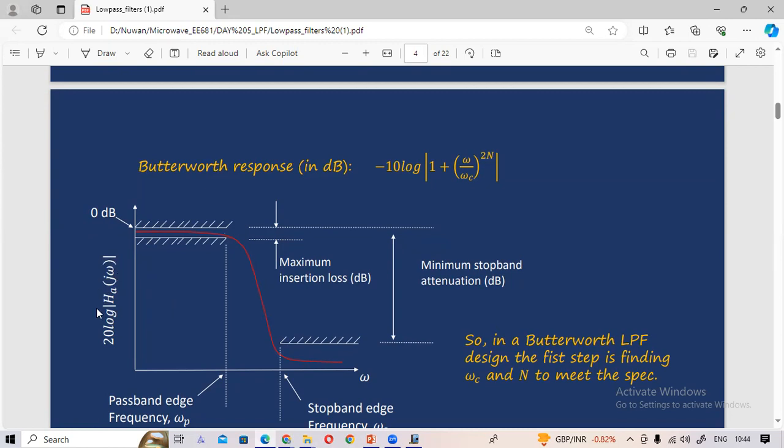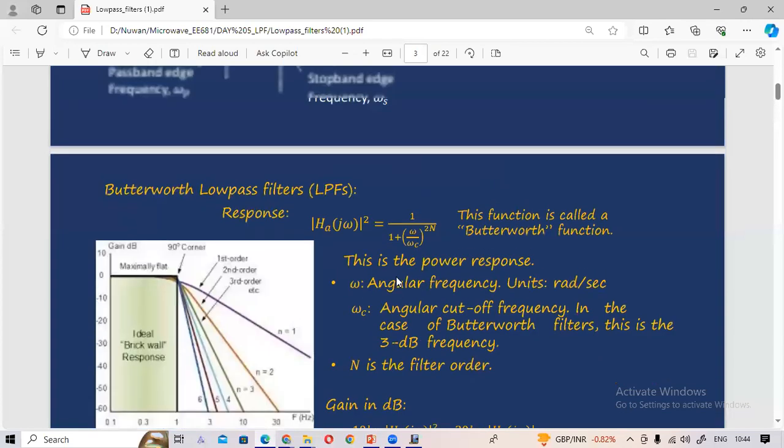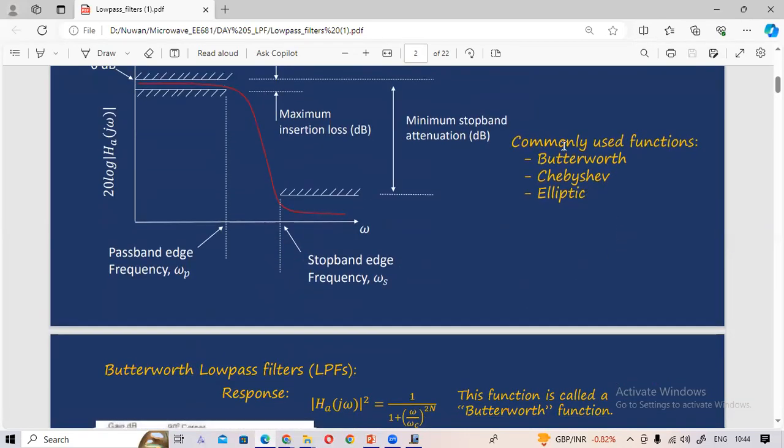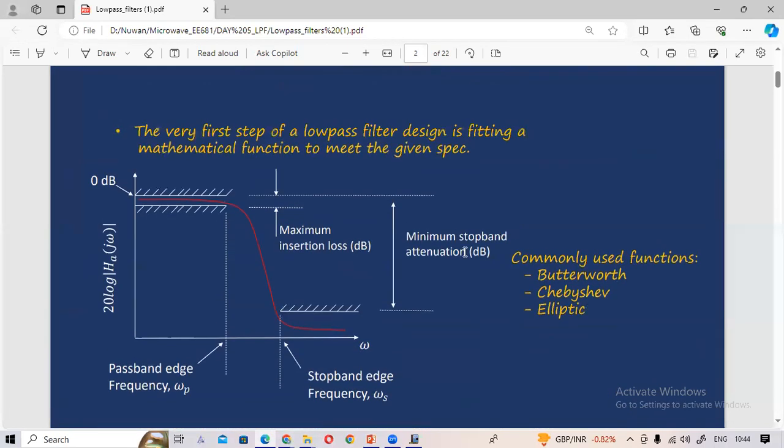Based on the shape of this power gain, you can classify a filter into mainly three types: Butterworth, Chebyshev, and elliptic. Butterworth means this kind of one. Here this is the pass band and this is the stop band. The pass band is flat, the stop band is flat. That is what we call Butterworth.